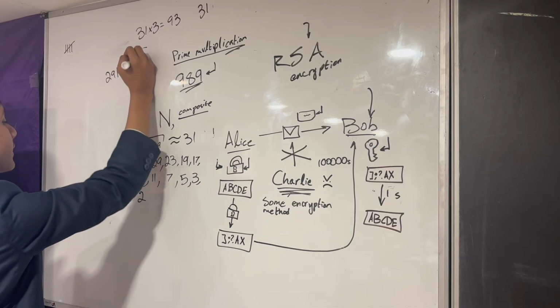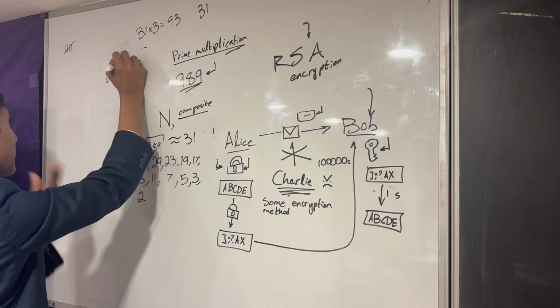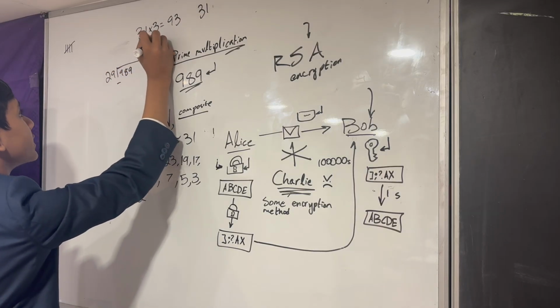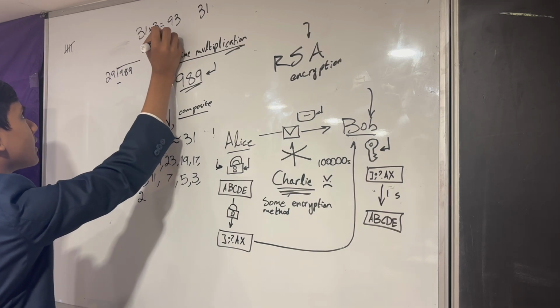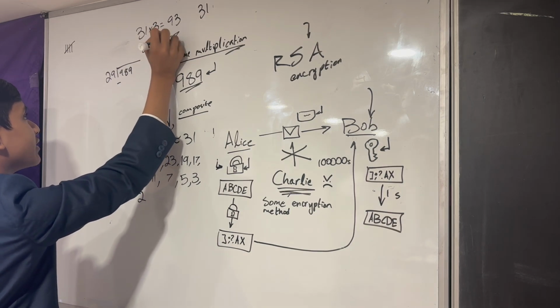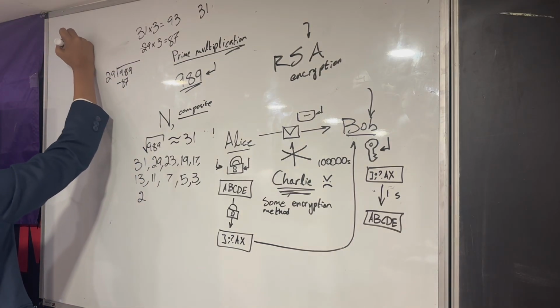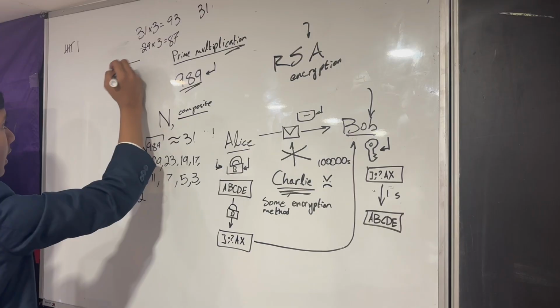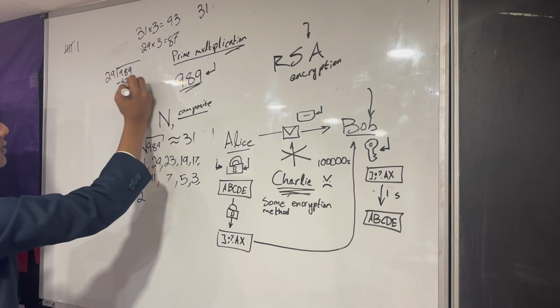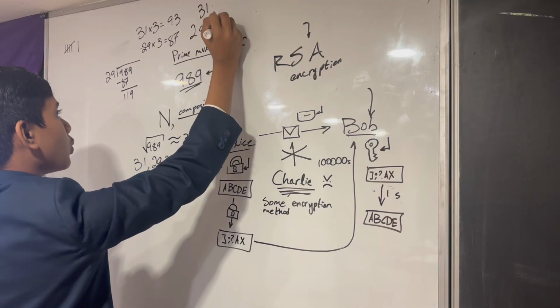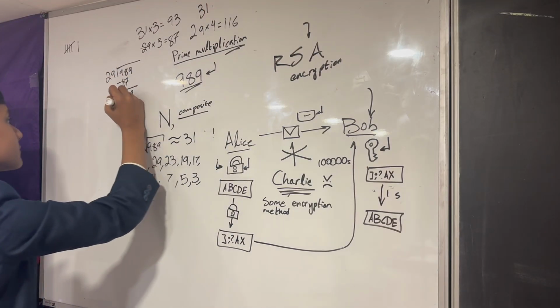Let's try 29. Well, 29 times 3 is, I think, 87. So that's another step added to the count. That's 119. 29 times 4 is 116.